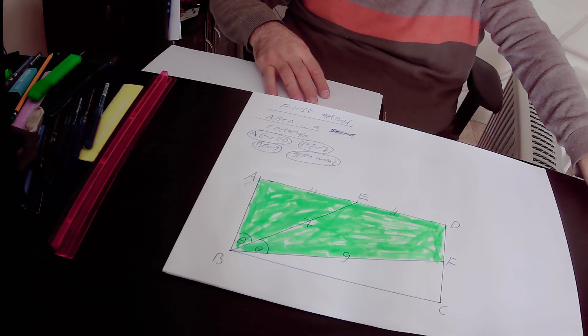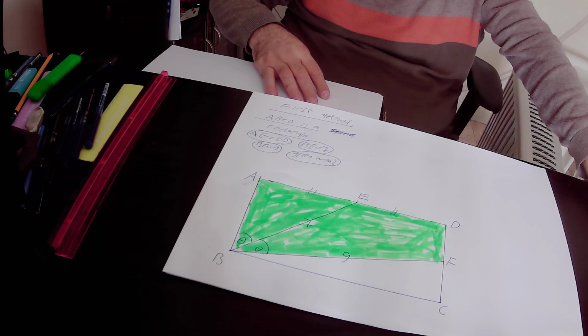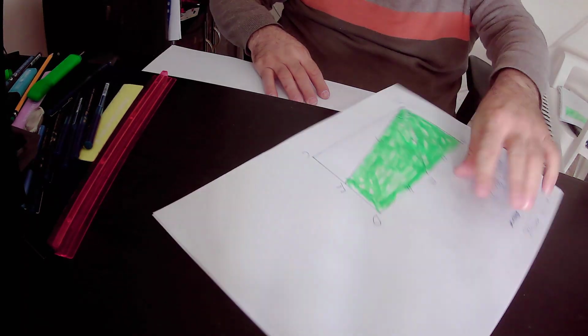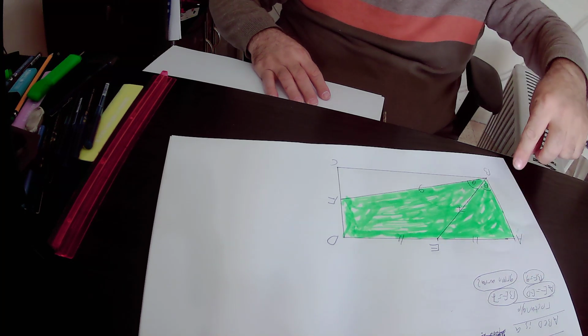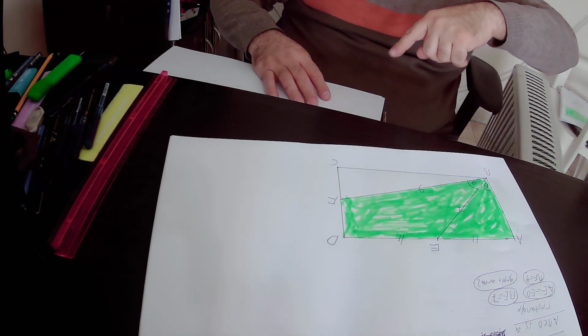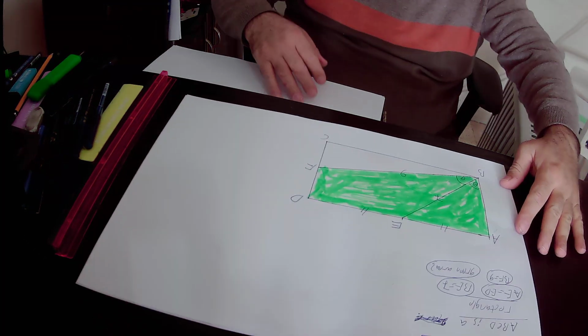Okay, so first of all we will do a construction. We will extend line segment BE and line segment CD until they intersect with each other.